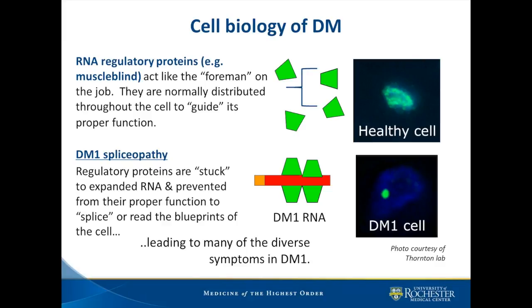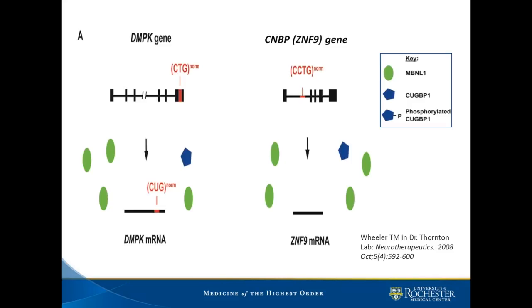Now, in the next two slides, things may get a teeny bit more complicated, but at least those slides will build on what I've tried to communicate in this slide. So let's ask ourselves what happens normally when you look at the gene involved in the mutation in myotonic dystrophy type 1 and the gene that's normally functioning in myotonic dystrophy type 2.